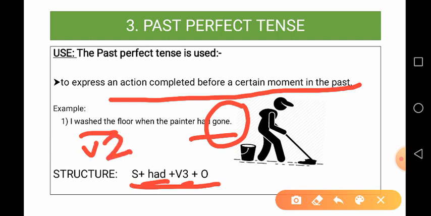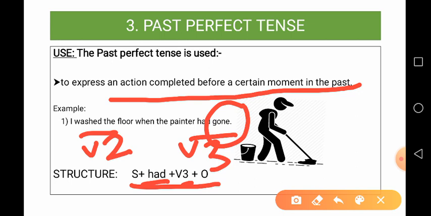Here you can see washed, the second form of the verb. So here in this sentence, I washed the floor, there is simple past tense, and when the painter had gone, here we can see the third form of the verb. So there is past perfect tense. So friends, can you tell me which action occurred first?